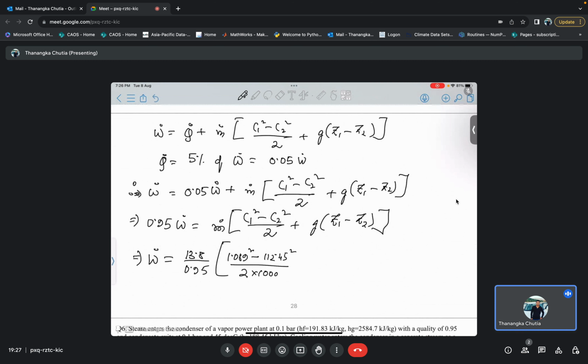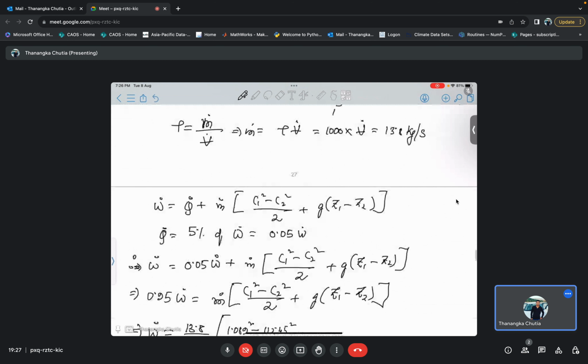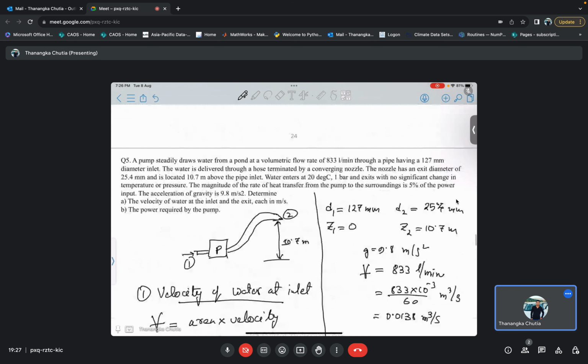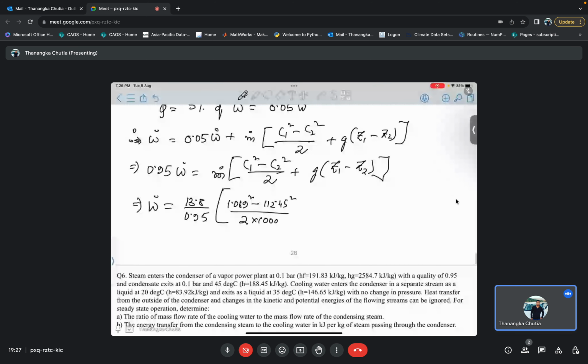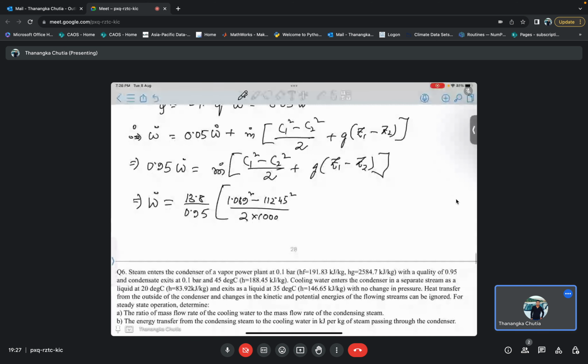Because we require the power output, we can write it first in watts also, it does not matter, because Z is in meters.